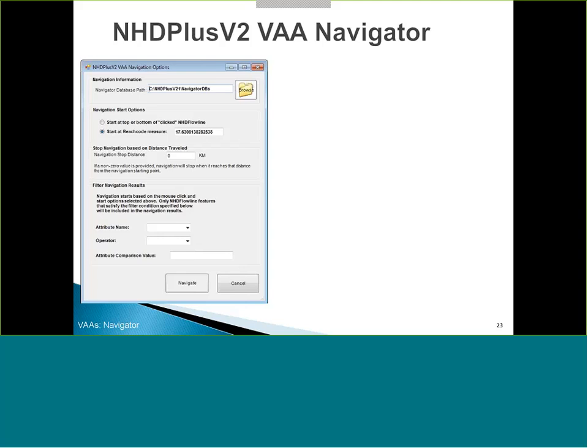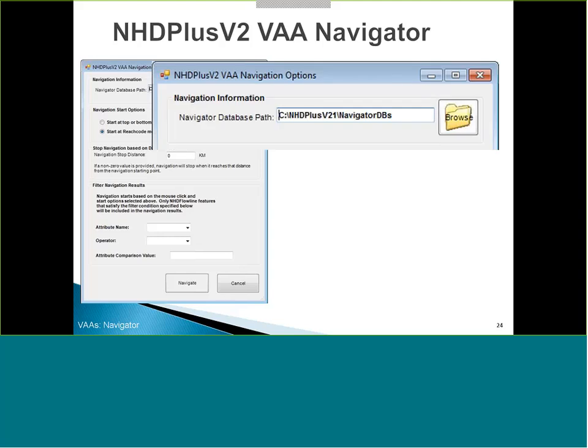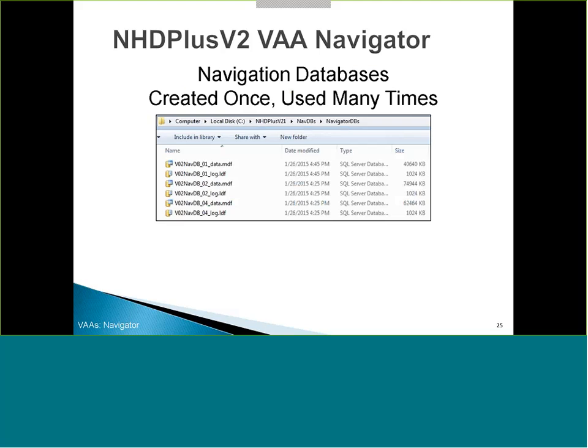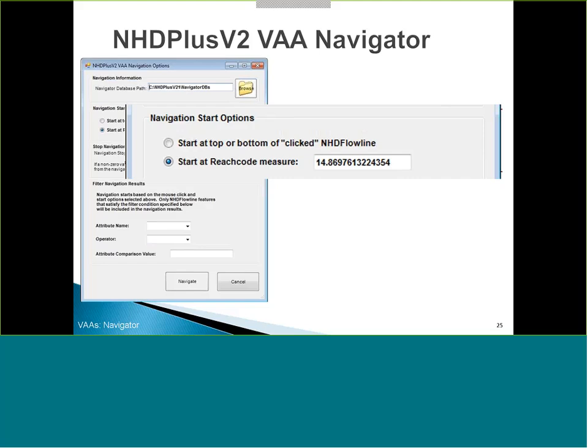There are also a handful of attributes that it allows you to stop with, one of which is drainage area. You can say, navigate upstream until my drainage area falls below a certain threshold, and it will do that for you. So the navigation databases are created once, used many times.